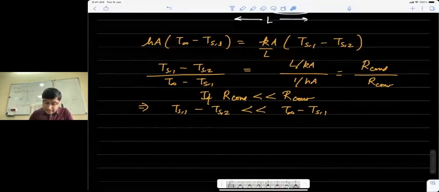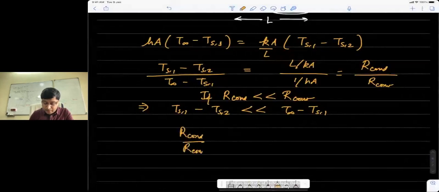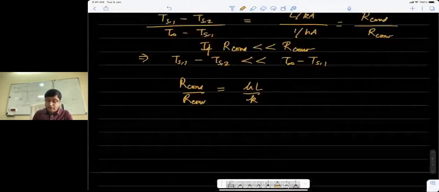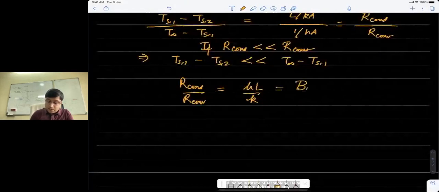Now, incidentally, this number R conduction by R convection, which I have written as (L by k) by (1 by hA), can also be written as hL by k, because h will come up, area is anyway going to get cancelled. So it's hL by k. Remember, k is the conductivity of the solid, not the fluid. h is the heat transfer coefficient. This number is called the Biot number.